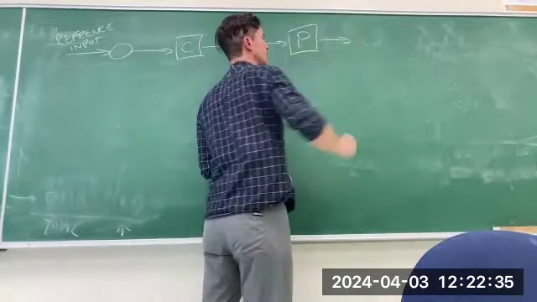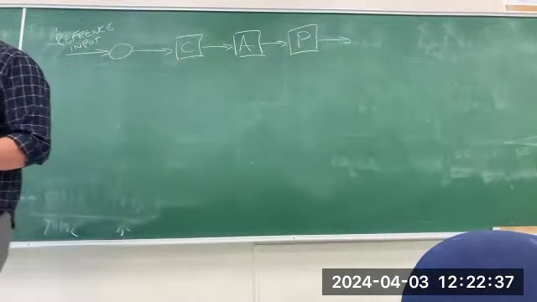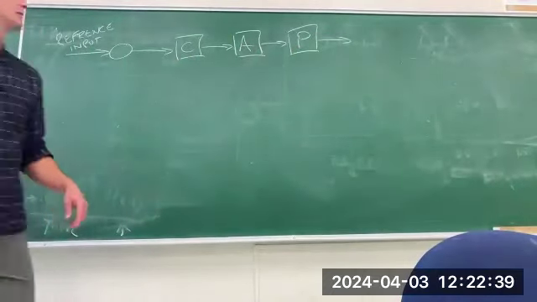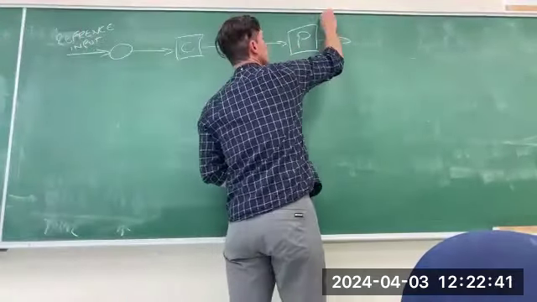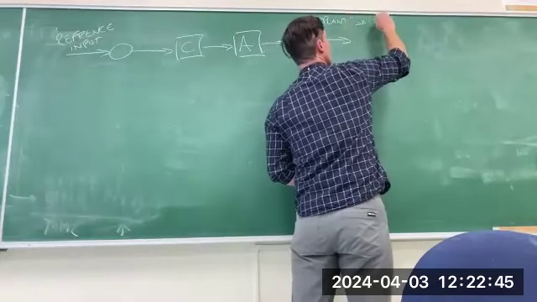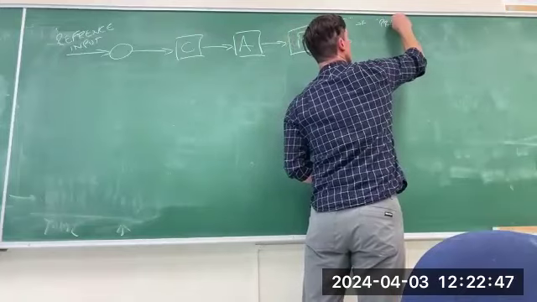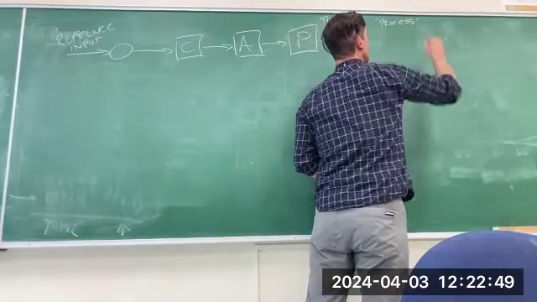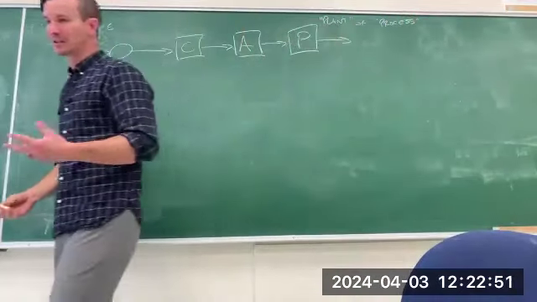I think your textbook is trying to be a little bit modern and call this the process. So this could either be the plant, or I guess technically the process, although all of these systems are processes of themselves.